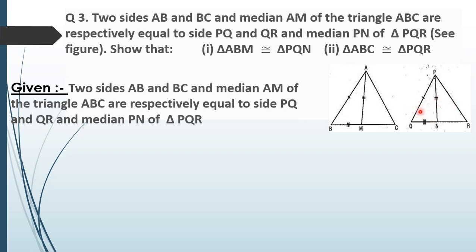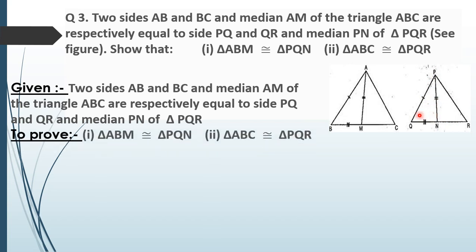Okay, so now what is given: we should write the two triangles ABC and PQR, where AB, BC and the median AM of triangle ABC are respectively equal to the sides PQ, QR and the median PN of triangle PQR. And we have to prove triangle ABM is congruent to triangle PQN, and second, triangle ABC is congruent to triangle PQR.